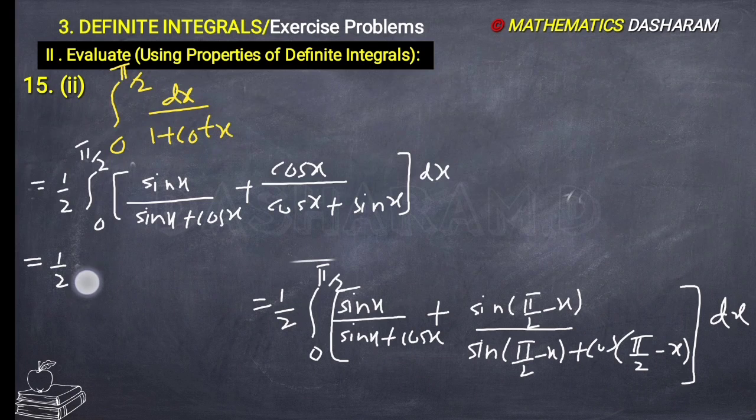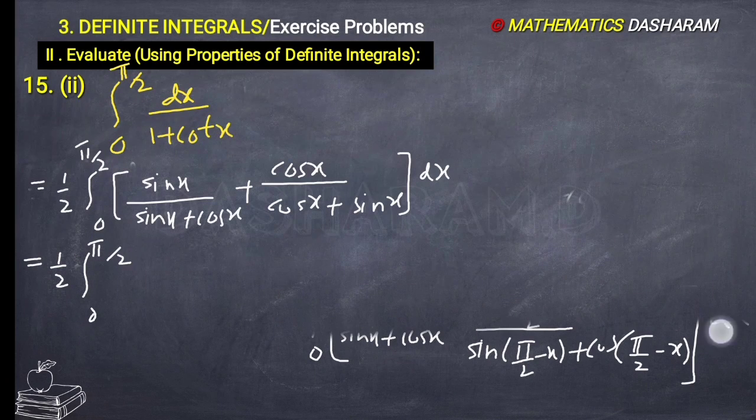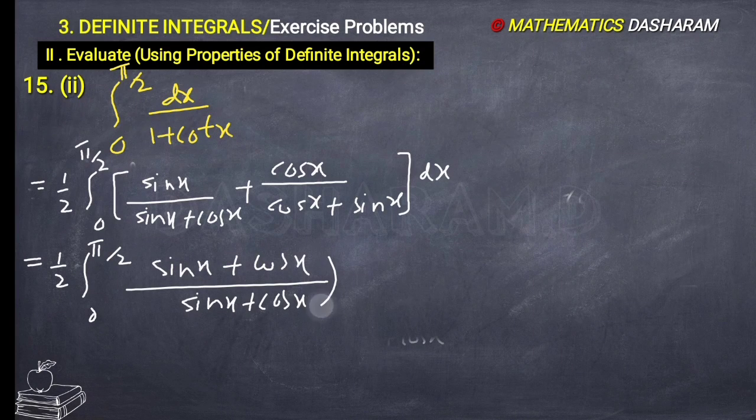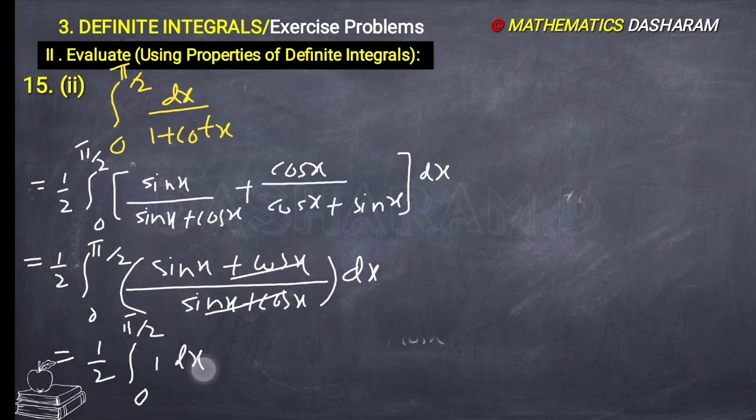So it is equals to 1 by 2 integral 0 to pi by 2. Here both denominators are same, so then we can add the numerators, sin x plus cos x. Here sin x plus cos x dx. So 1 by 2 integral 0 to pi by 2, both are cancelled, 1 dx.